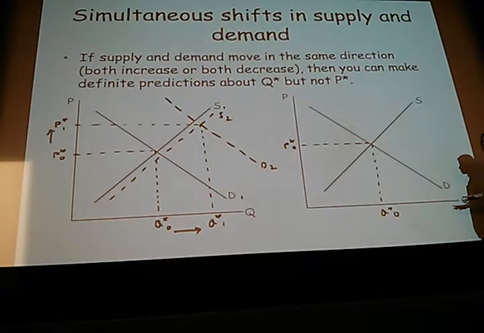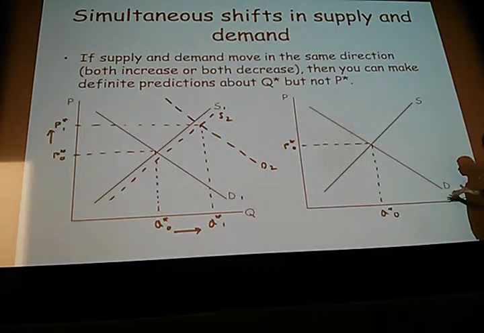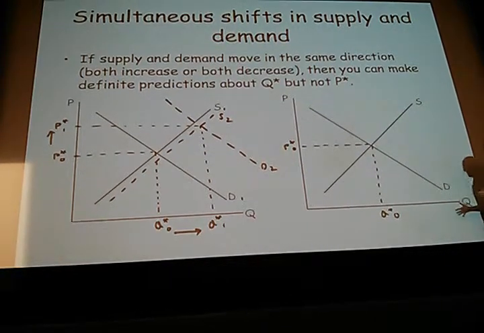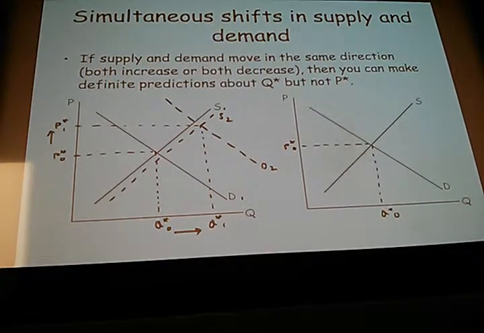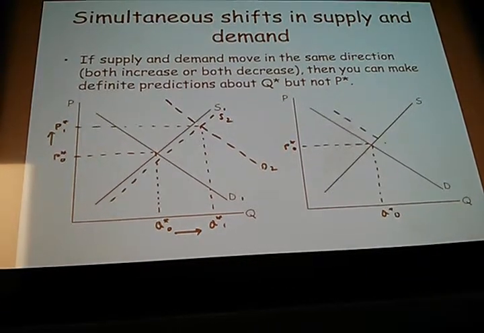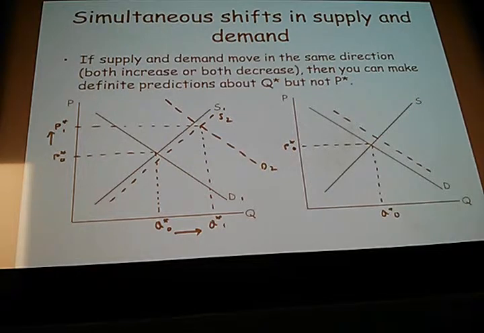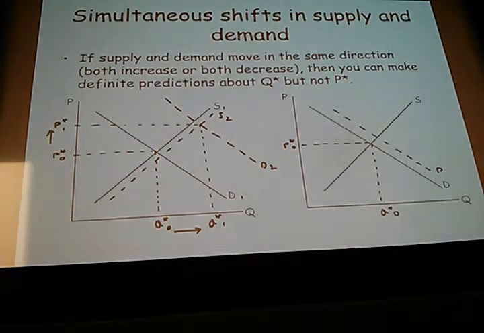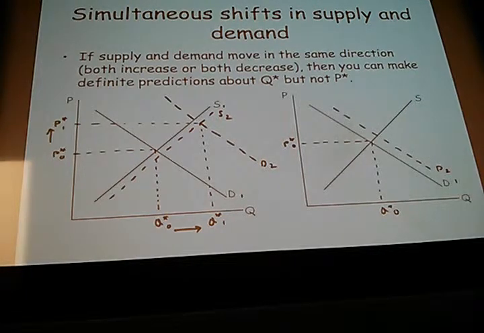Now let's look at a similar situation on the right where both supply and demand increase, but this time let's suppose that it just so happens that the increase in demand is relatively small, and the increase in supply is really, really big.